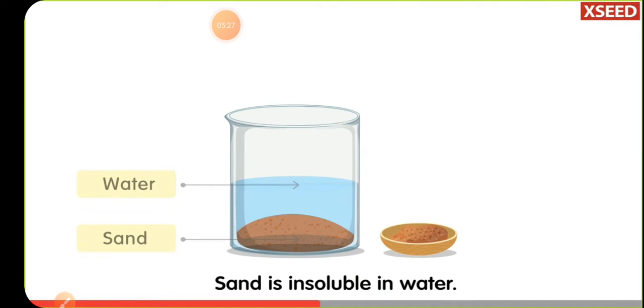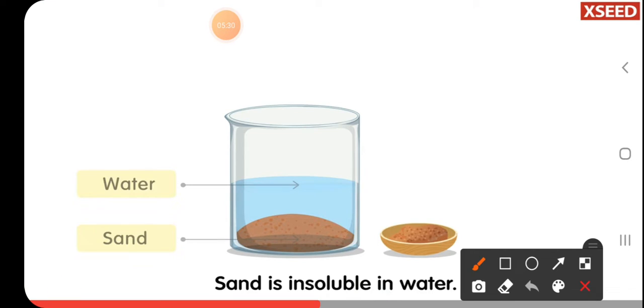In the activity which we did, we noticed two things. One is sand. Sand does not mix in the water, which means it does not dissolve in the water. Such substances which do not dissolve in the water, we call insoluble substances. The other things are salt and sugar.